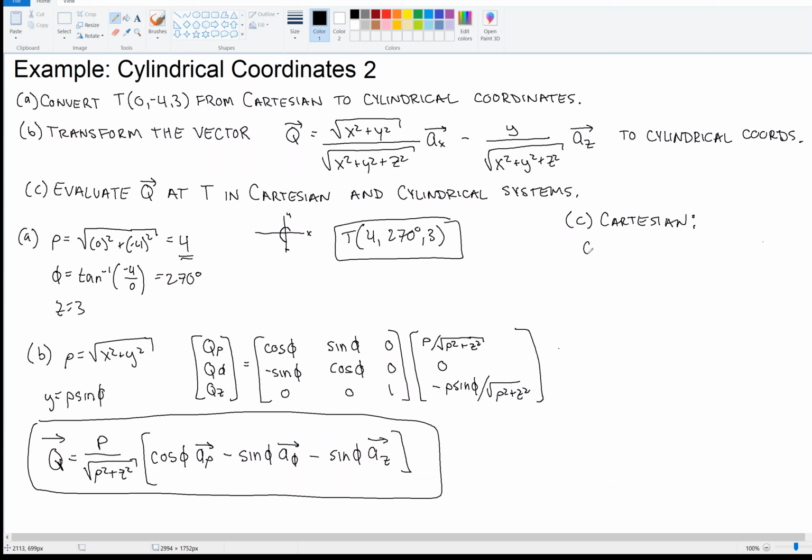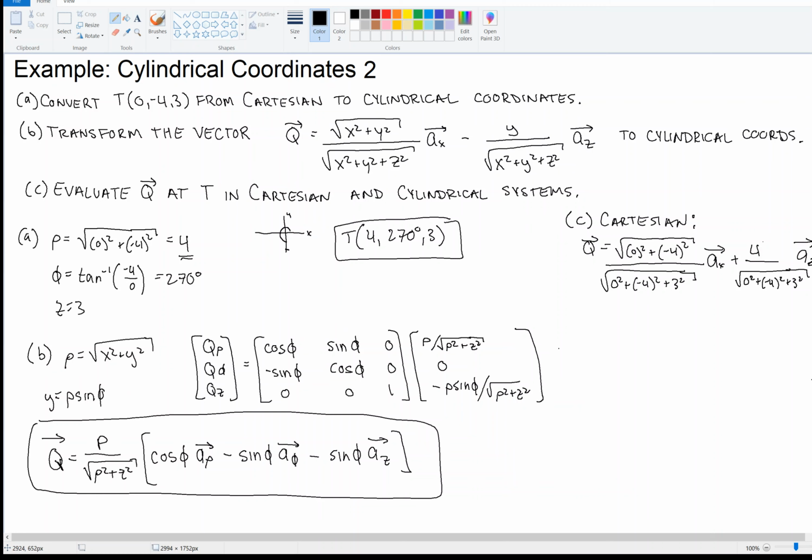So Q is equal to the square root of 0 squared plus -4 squared over the square root of 0 squared plus -4 squared plus 3 squared, right, in the x direction, minus, and then y is -4, so this becomes plus 4 over that same denominator, 0 squared, -4 squared plus 3 squared in the z direction.